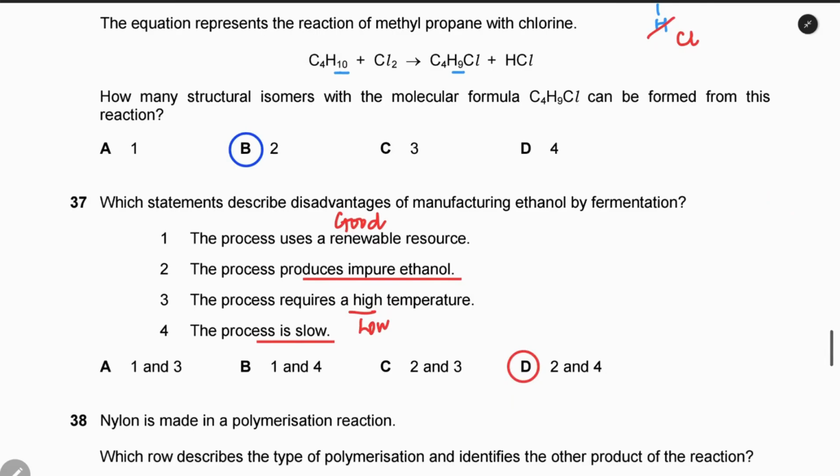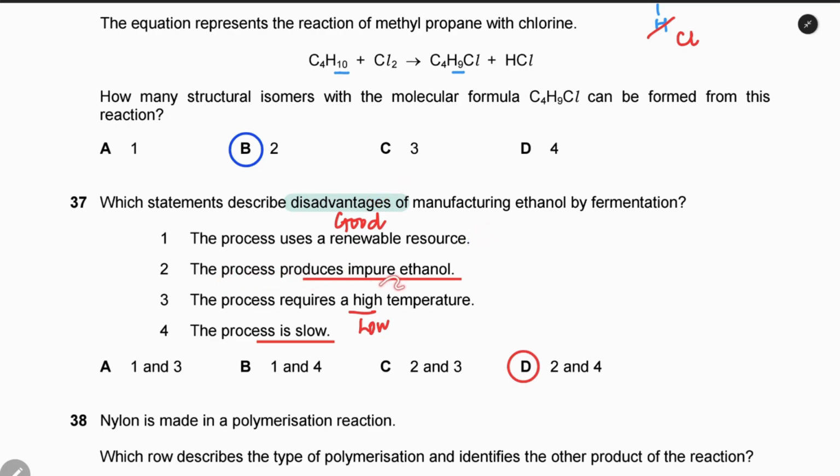Which statements describe disadvantages of manufacturing ethanol by fermentation? So we are going to look at disadvantages here, and we have to focus on disadvantages. The process uses renewable resources: this is an advantage, and we want a disadvantage, so this is wrong.